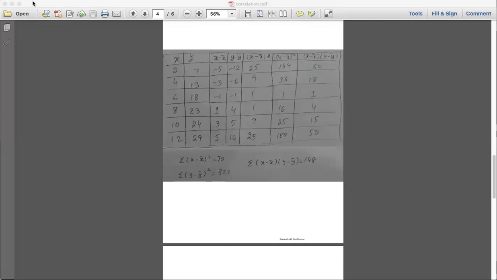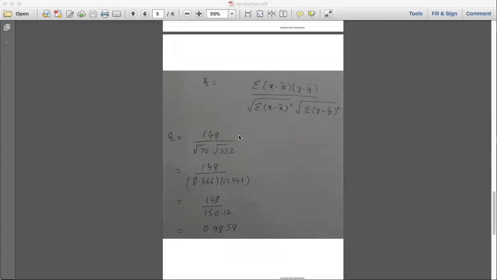When we put the values in the formula of correlation between x and y, just put it and simplify it. The relation comes r is equal to 0.9858.